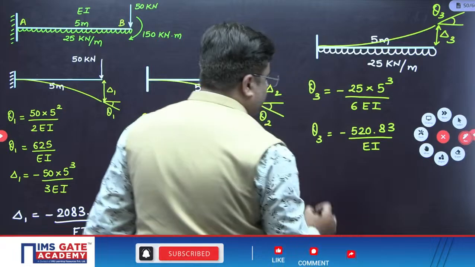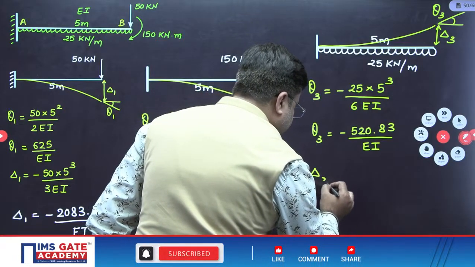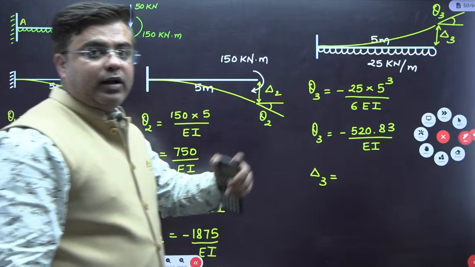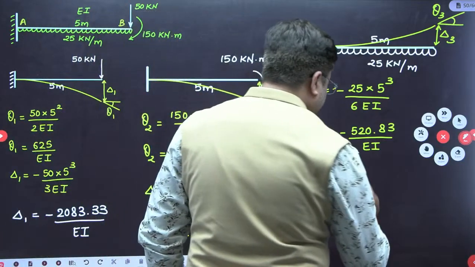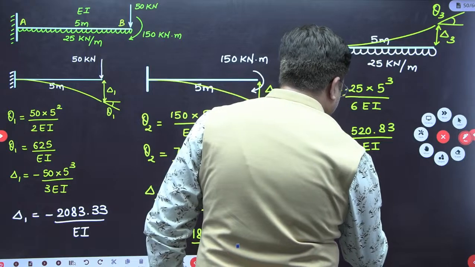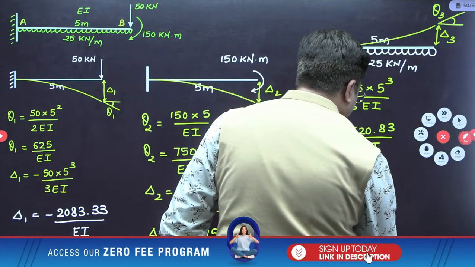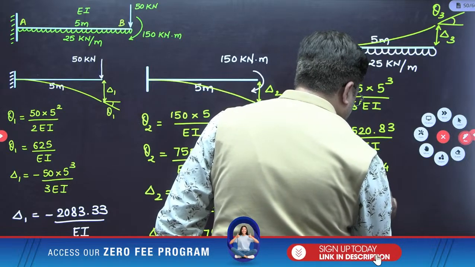Next, you calculate delta 3. Delta 3 is positive this time, upwards. So I will write down WL raised to the power 4 upon 8 EI. So W is 25, L raised to the power 4, so 5 raised to the power 4 upon 8 EI. Calculate this.